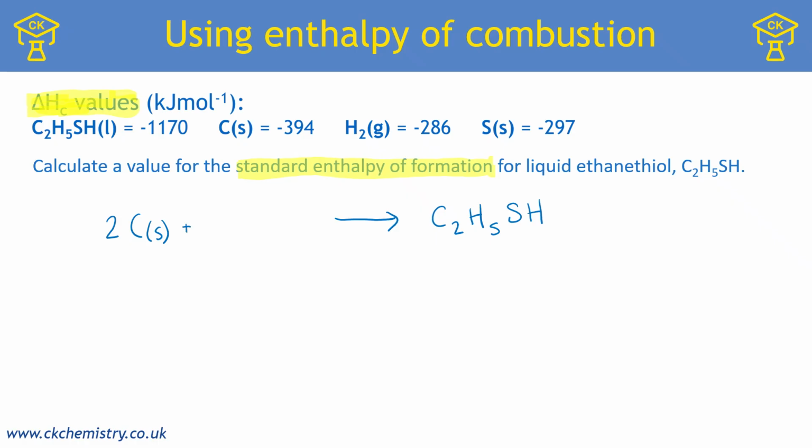Plus, I'm going to need 3 lots of hydrogen, so be careful of formulae where the hydrogens are shown separately. You can see this is basically just the same as ethanol, but with a sulfur instead of an oxygen. So I'm going to have 3 lots of H2, and 1 lot of sulfur, which is a solid.